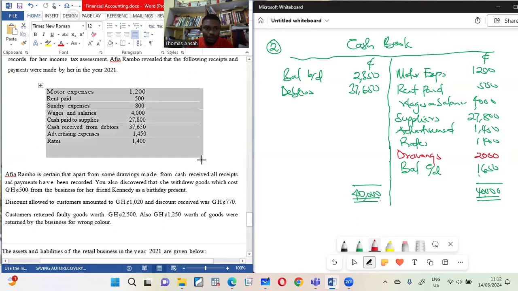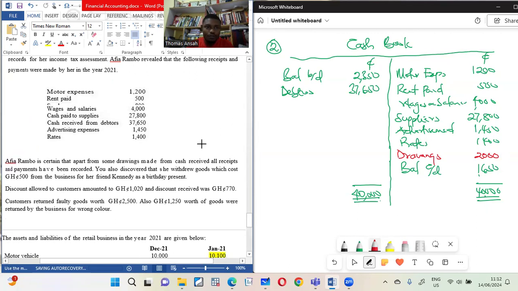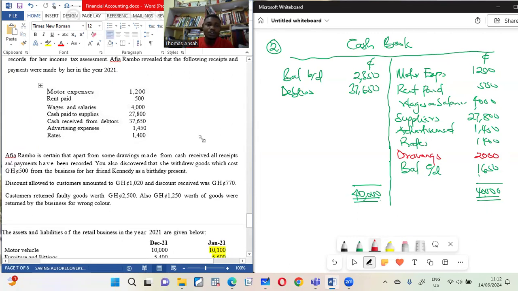But like I said, we are solving what is in front of us, what you have printed in your various classes. But if you see someone's questions the same, but the 800 appeared, don't worry at all. It doesn't really change our balancing figures. It's just that in the course of the process, it will change our drawings. By the end of the day, it balances. All right. So that is that.